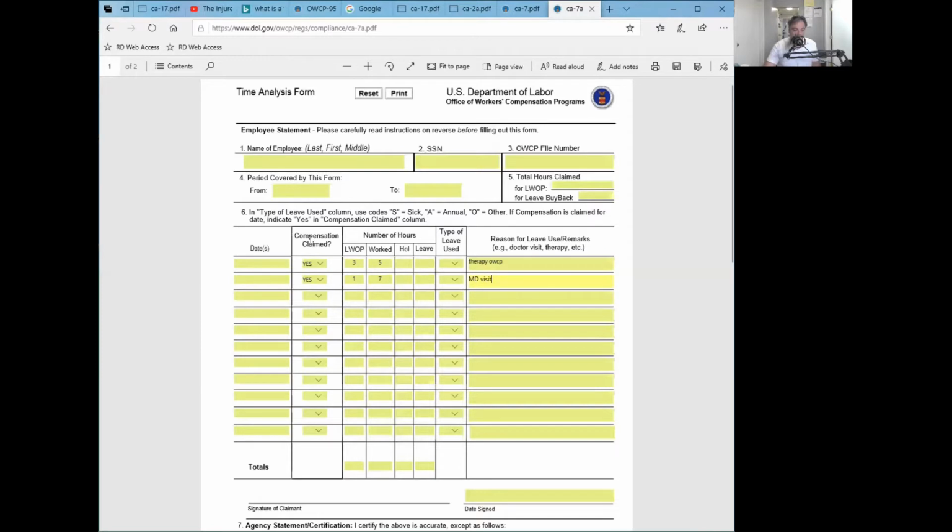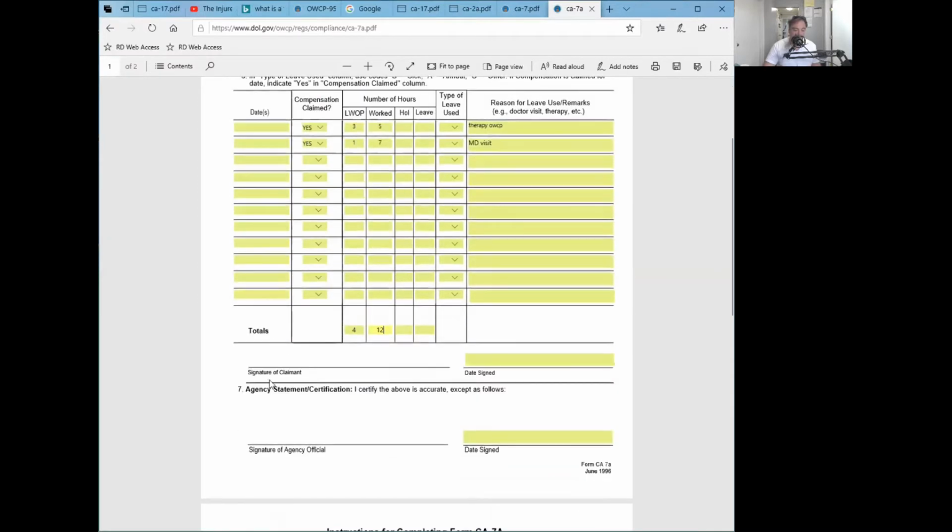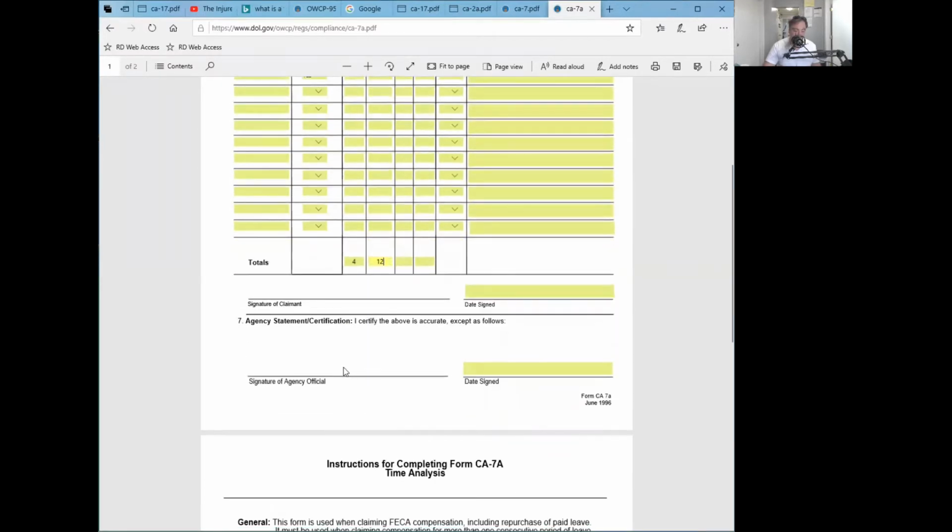Let's say you left work for that pay period 4 hours and you worked 12. And by the way, if it's a pay period of 2 weeks, you'd fill that in and put the dates in. I'm not doing that for you. You put your signature, the date stamped, and you send it off.